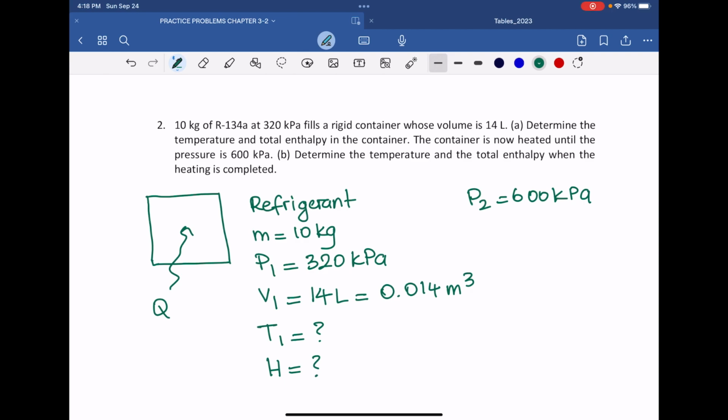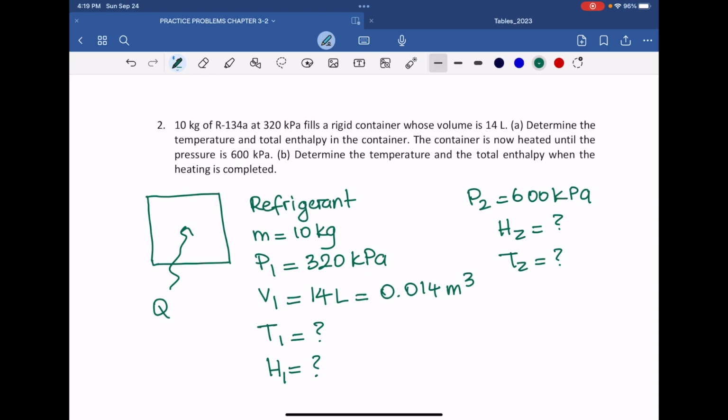Determine the temperature and the enthalpy when the heating is completed. Okay, so like that. All right, so let's start.